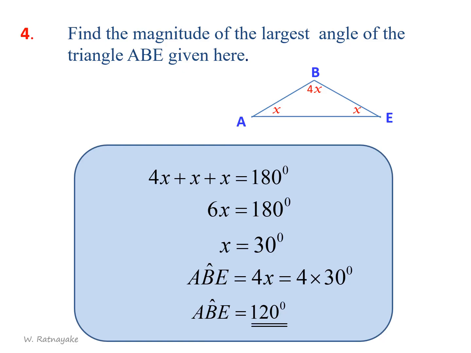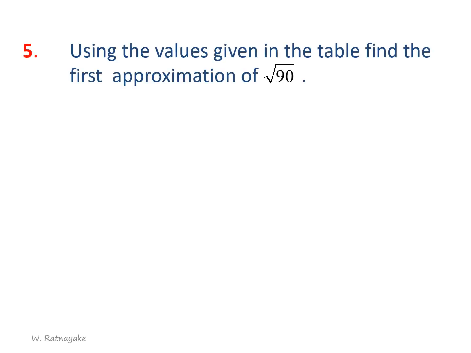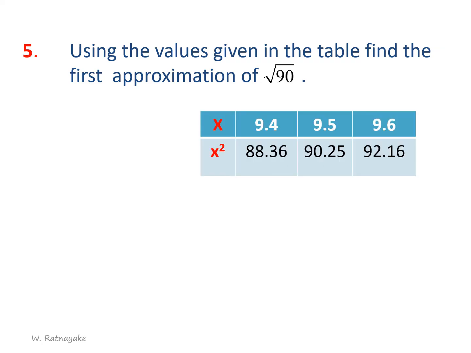Now, we will go to question number 5. Question number 5 says, using the values given in the table, find the first approximation for the square root of 90. We know 90 does not have a whole number square root. So here we have to use this table.